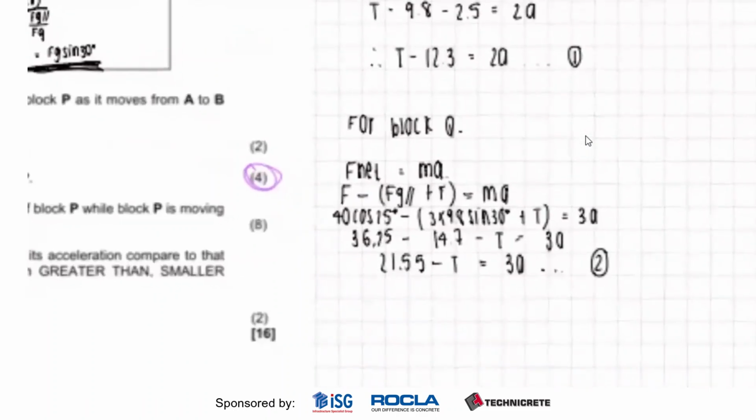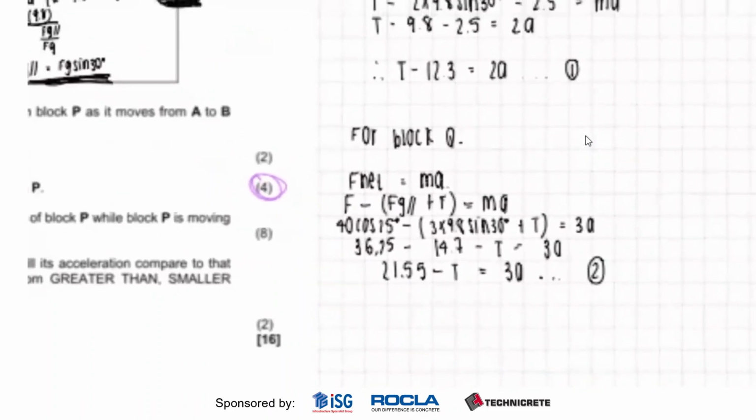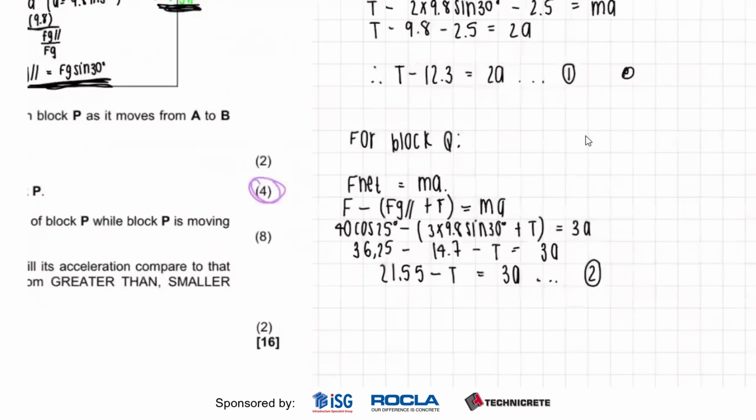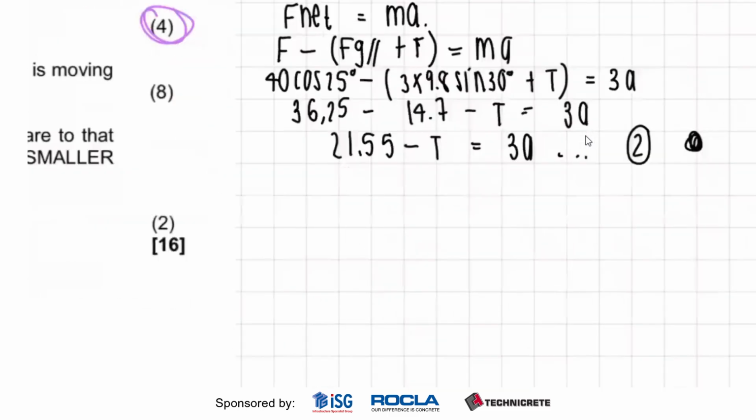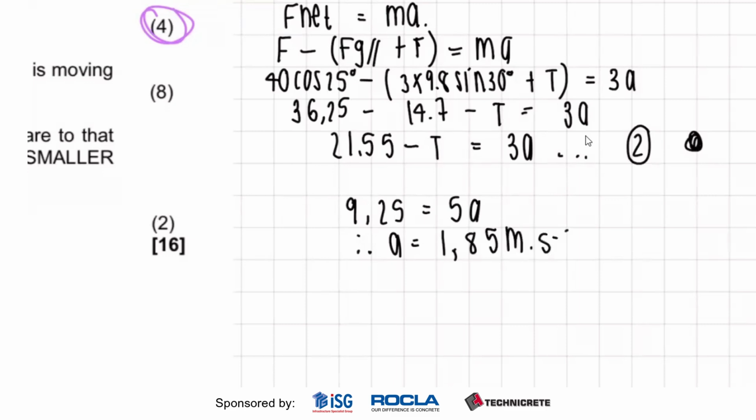So what we can do is substitute the one sum into the other sum, and then we get that 9.25 equals 5A. Therefore, A equals 1.85 meters per second squared.